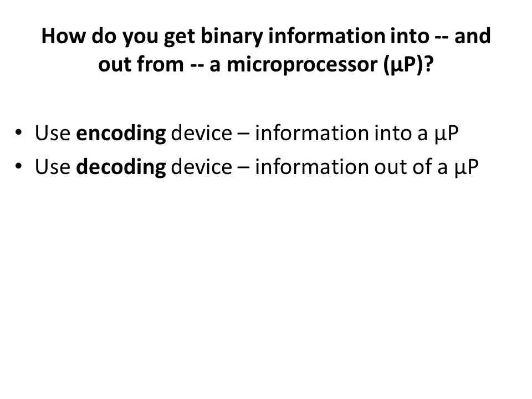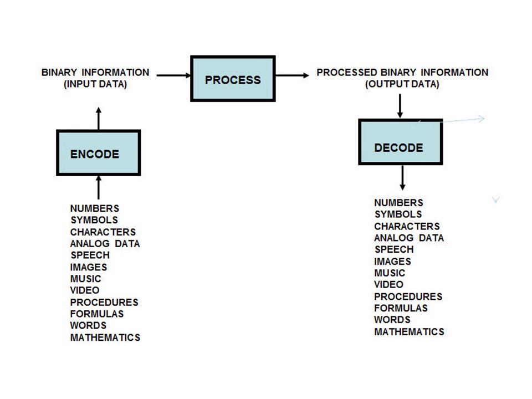An encoding device is required to get information into a microprocessor, and a decoding device is just the opposite. It gets information out of a microprocessor and presents it to you.